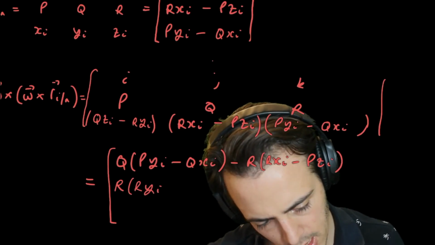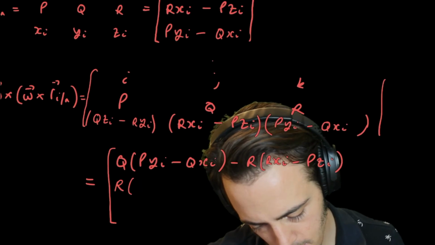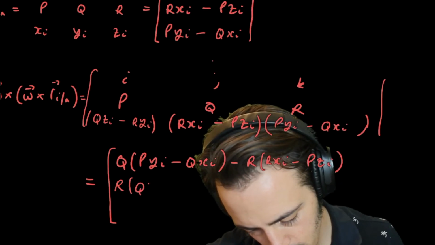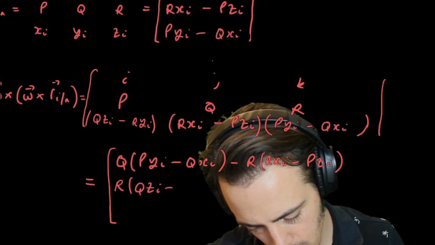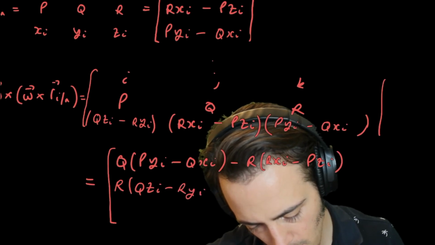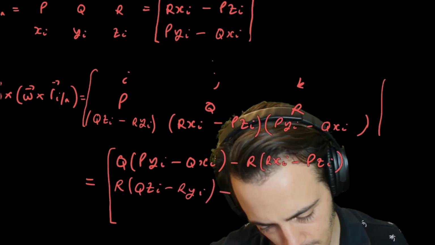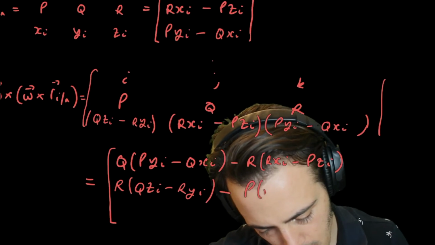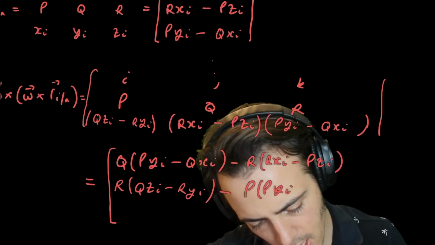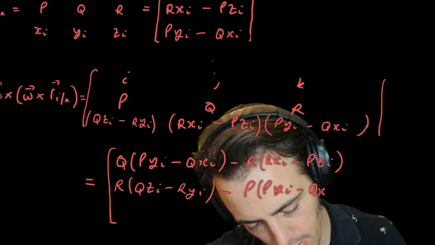Sorry, no we don't. We get r qzi minus r yi, minus p pyi, minus qxi.